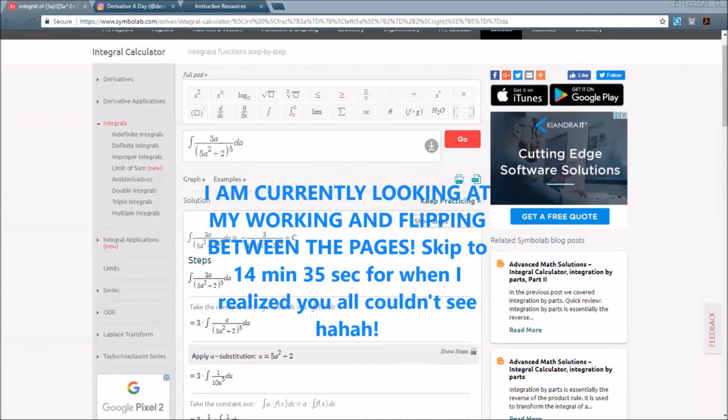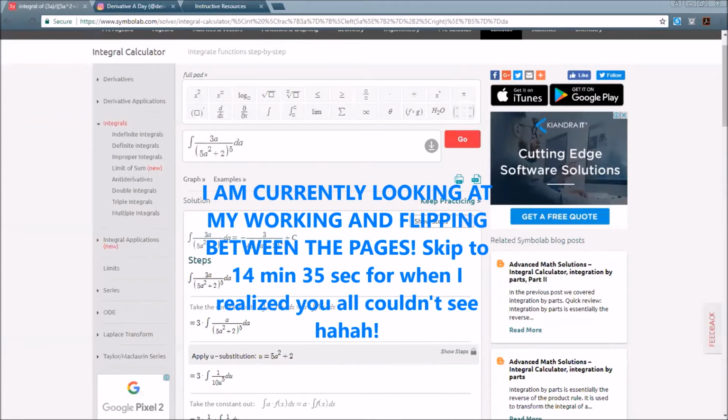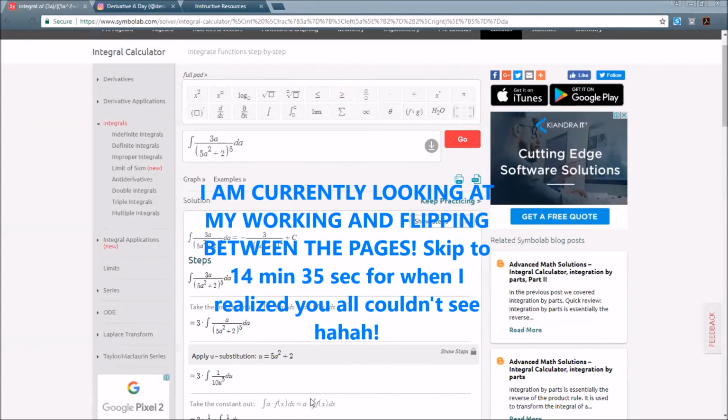So instead of doing what I did here, look, they very well could have done this step, but down here they got rid of the negative 4.